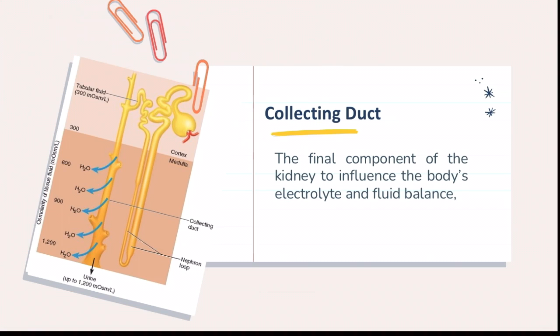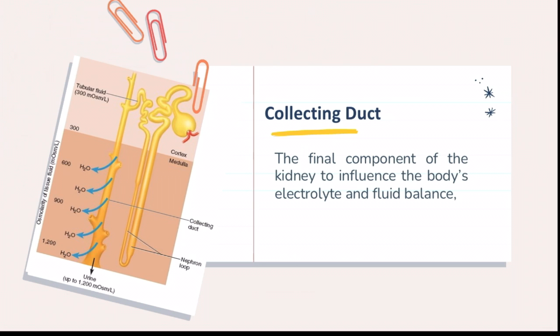So moving on to produce more concentrated urine, we must move on to the final step, which is the collecting tubules. The collecting duct is the final component of the kidney to influence the body's electrolyte and fluid balance.